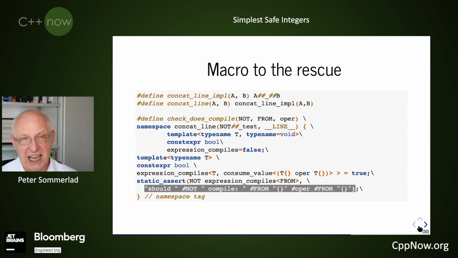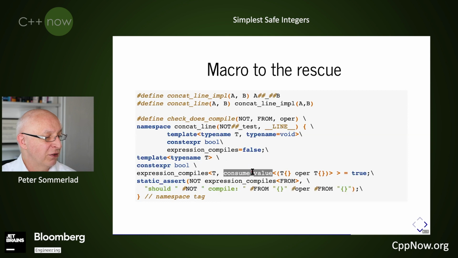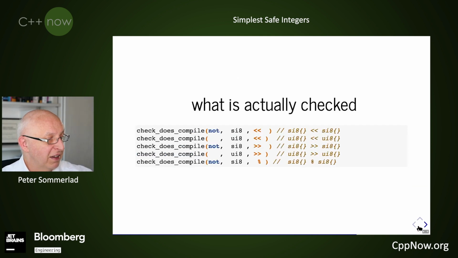That's a trick I personally haven't seen somewhere else, but I'm sure others have invented that as well. Having the ability to consume values and having more flexible non-type template arguments in C++20 makes it a little bit simpler and easier.